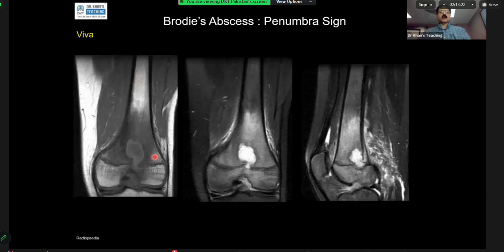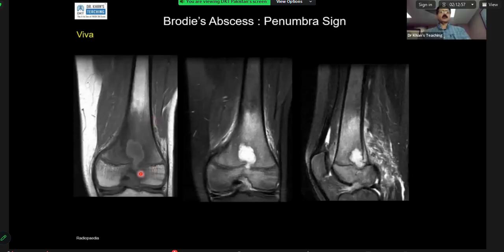Excellent. So what is the penumbra sign? Describe it for the audience. It is a rim of high signal intensity on T1 weighted image of a low signal intensity lesion, which would have a fluid signal when compared with other sequences. It would be characteristic of Brodie's abscess.